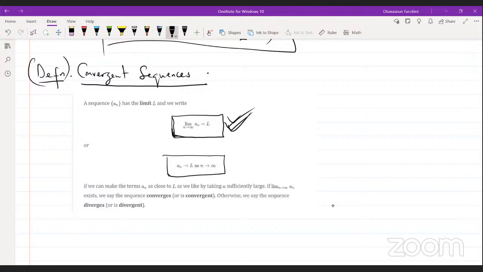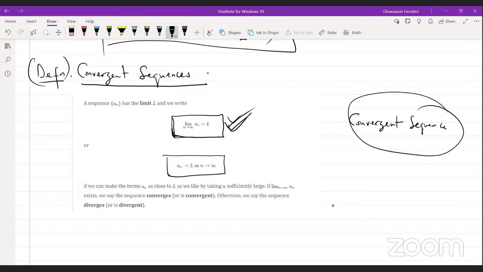So now, if we want to put it together in terms of definition, a sequence is said to converge when the limit of that sequence exists. Make sense? Okay, so if we have a convergent sequence, then what happens to the limits? The limits exist.